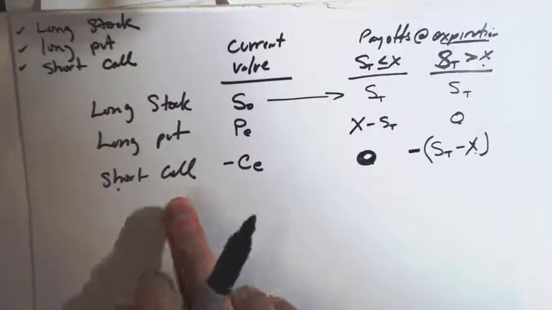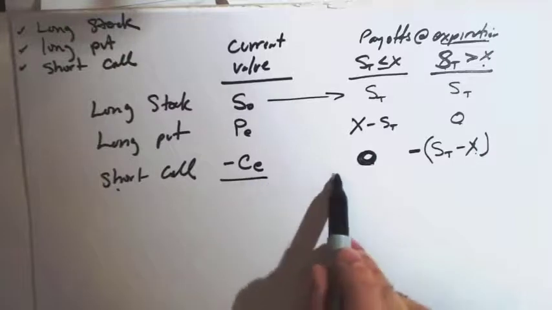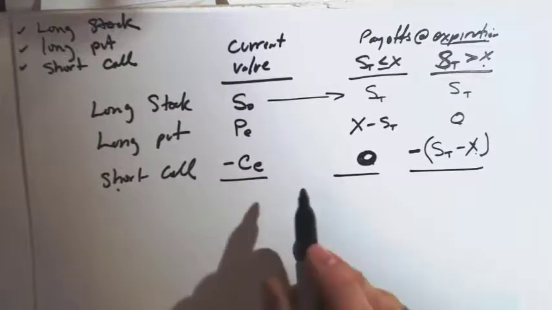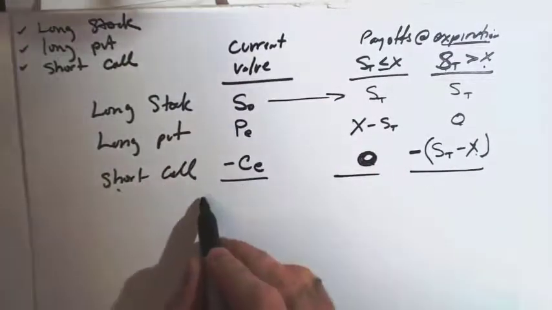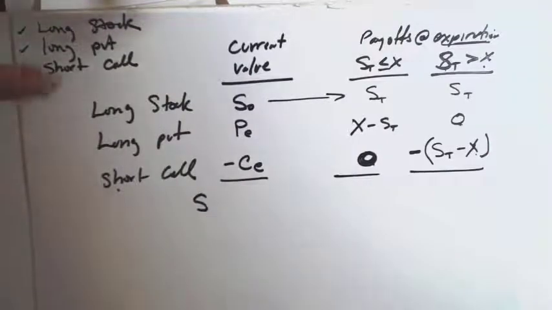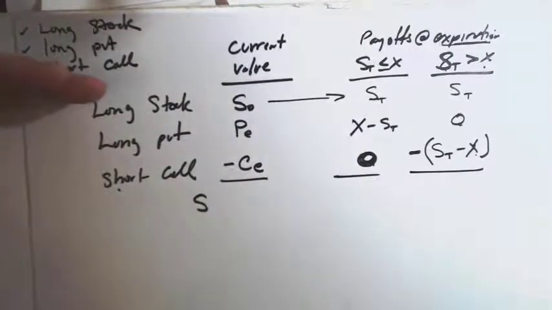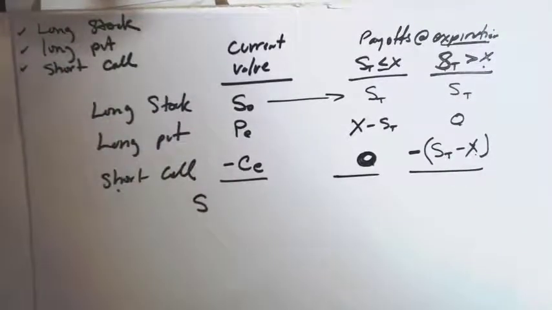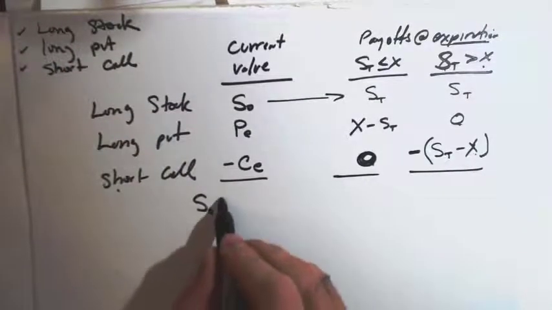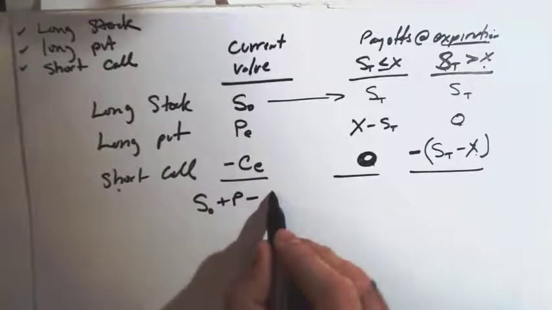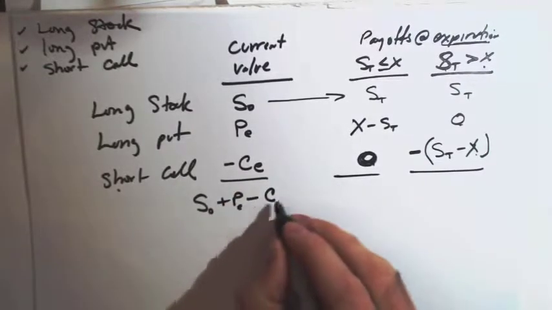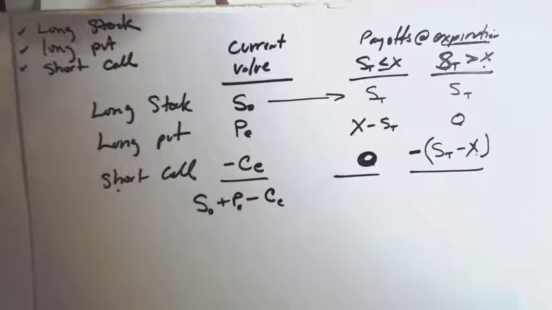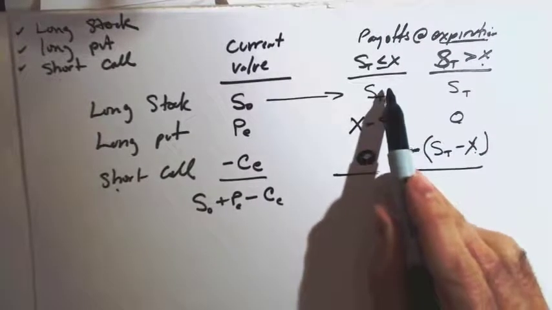Now what we want to do is evaluate the price relative to the payoffs. The current value of this portfolio of 3 different assets is the stock price plus the put minus the call. Now look what happens here.